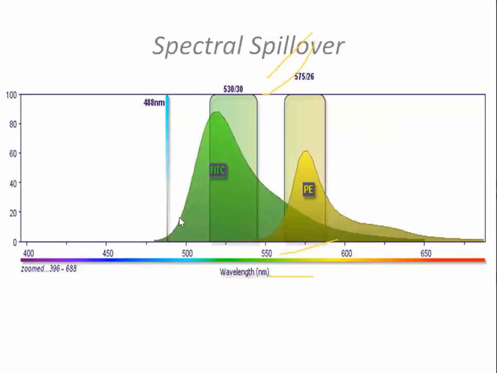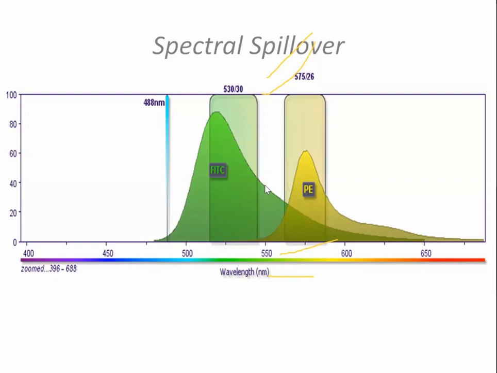This is spectral spillover. I'm repeatedly showing you because I want you to understand this. Again, the emission spectrum of FITC is broad. This is the FITC channel with a bandpass filter of 530 plus or minus 30, so it collects maximum FITC light. The next channel is the PE channel with a bandpass filter of 575 plus or minus 26.